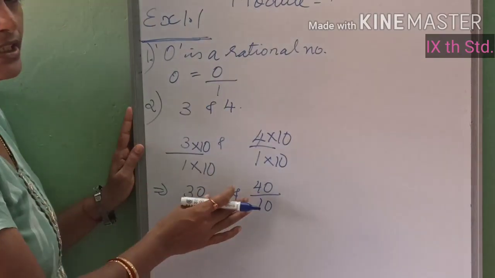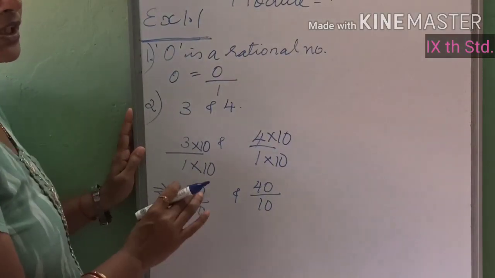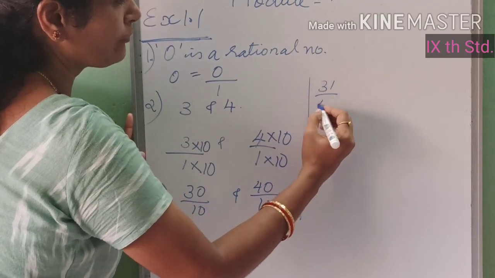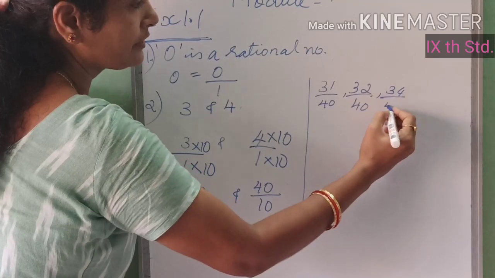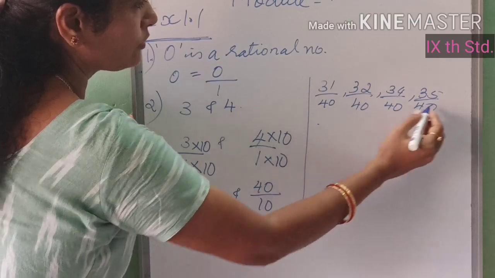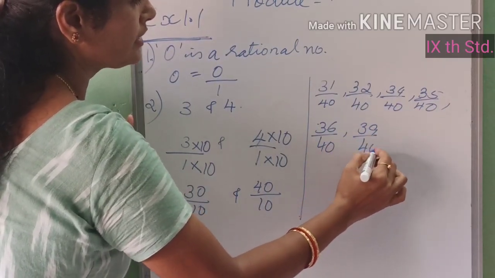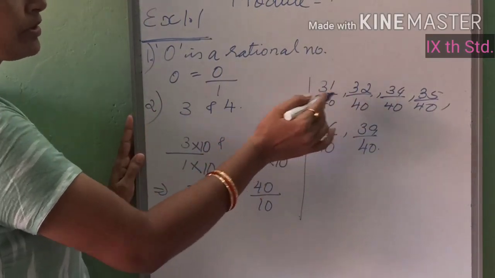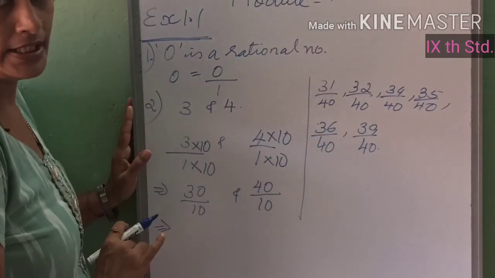Out of those, you write any 6, like 31 by 10, 32 by 10, 34 by 10, 35 by 10, 36 by 10, 39 by 10. So there are 6 rational numbers between 3 and 4. There are many, but they have asked you to write 6.